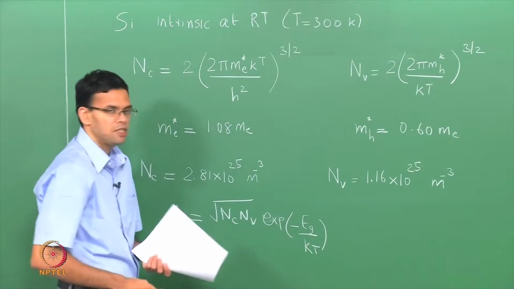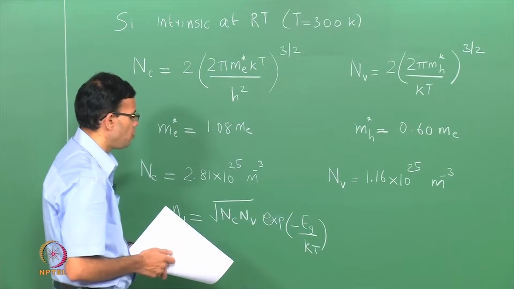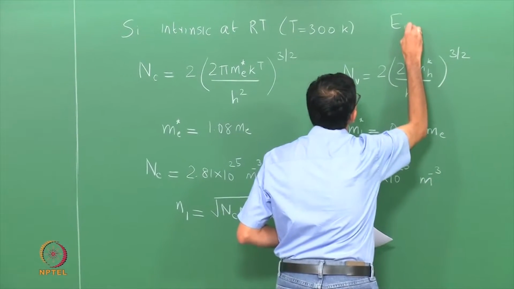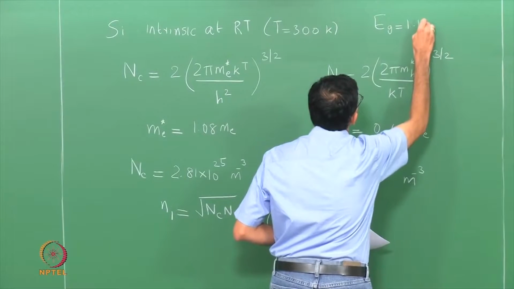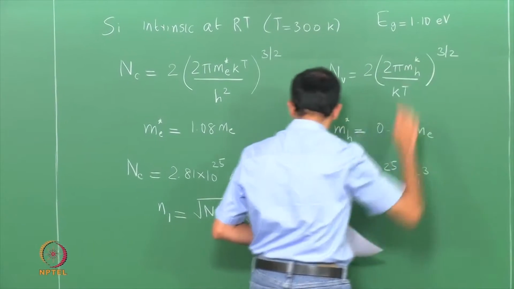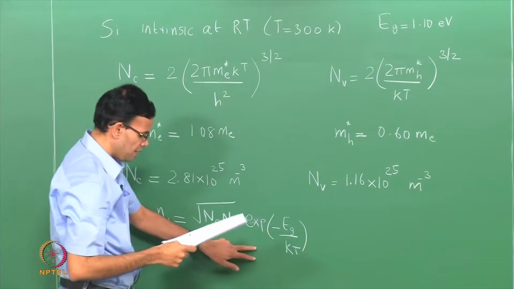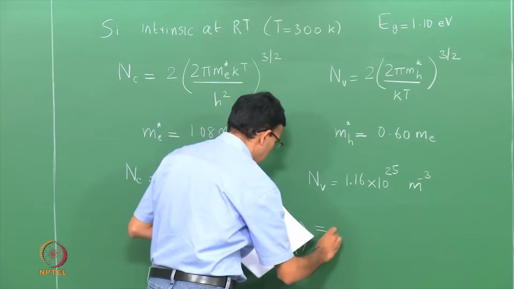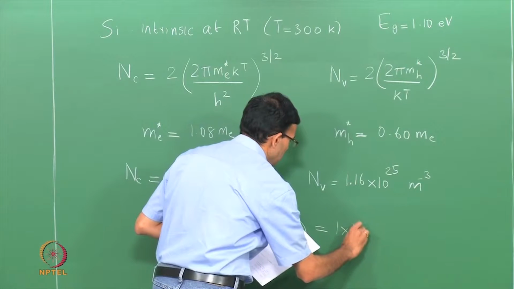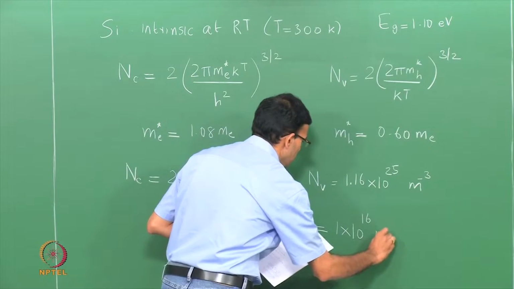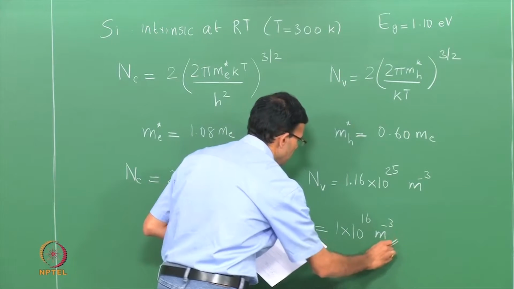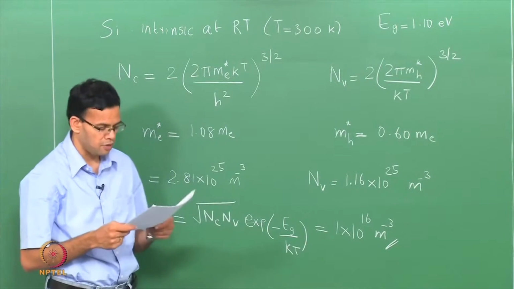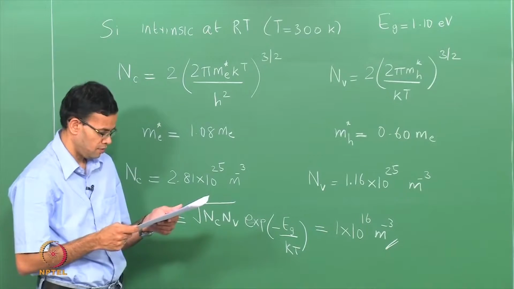At room temperature, silicon has a band gap of around 1.1 eV. If we plug that in, we get a value of ni to be 1 times 10 to the 16 per meter cube. So, this represents the intrinsic carrier concentration of silicon.